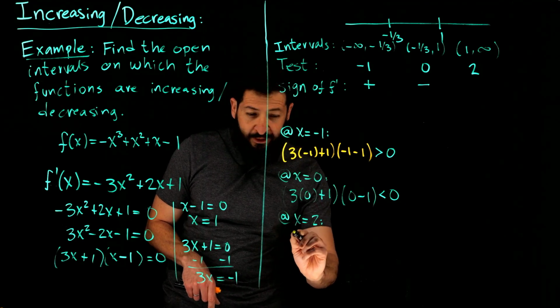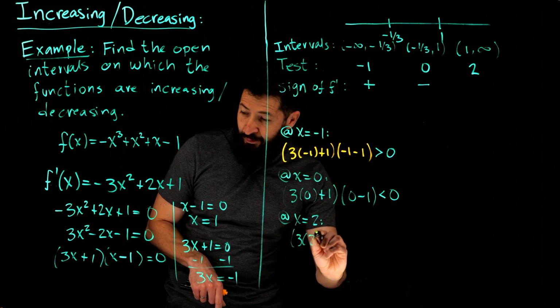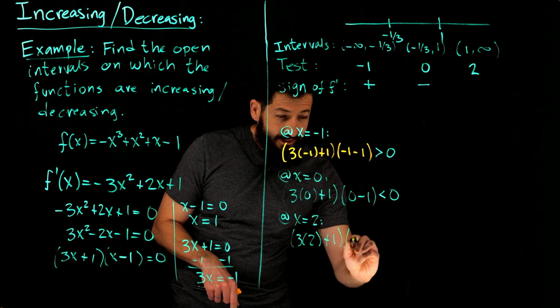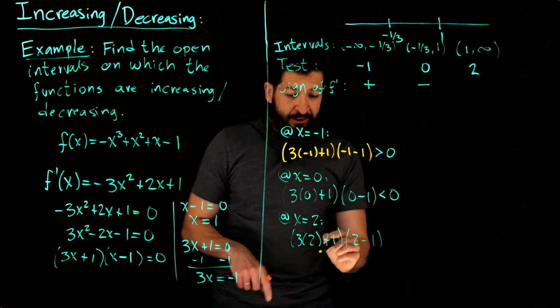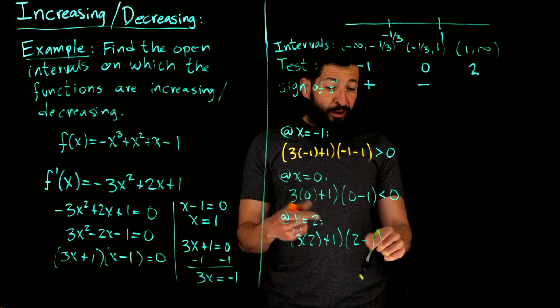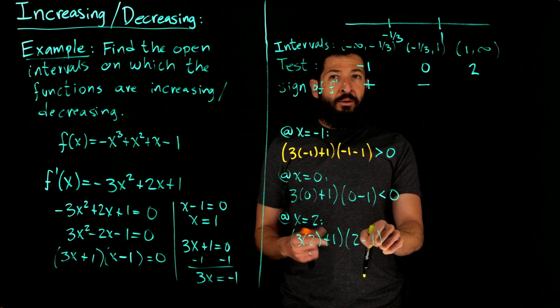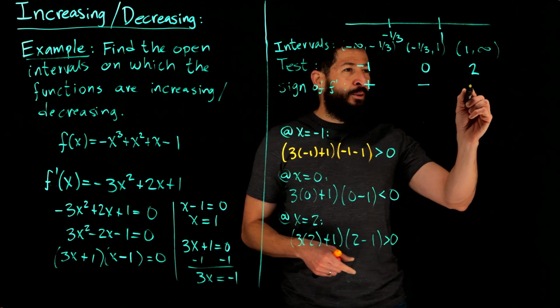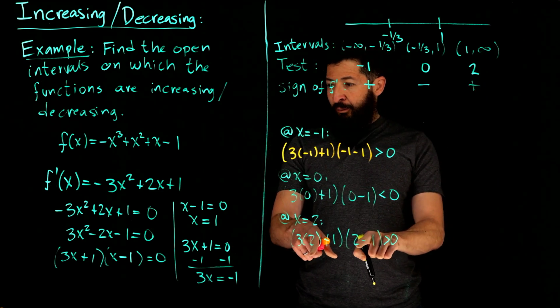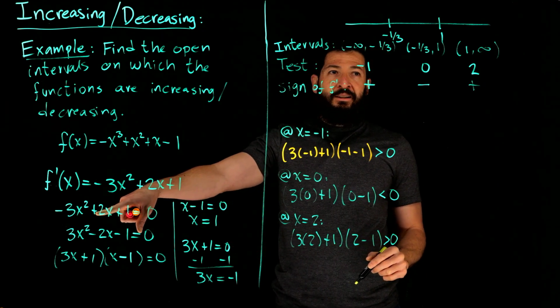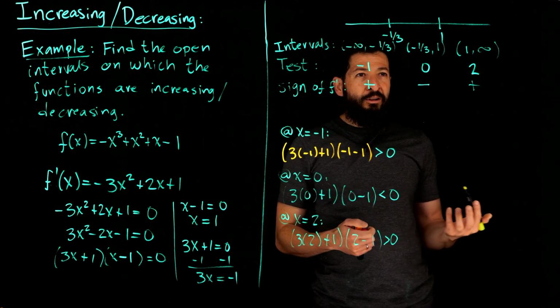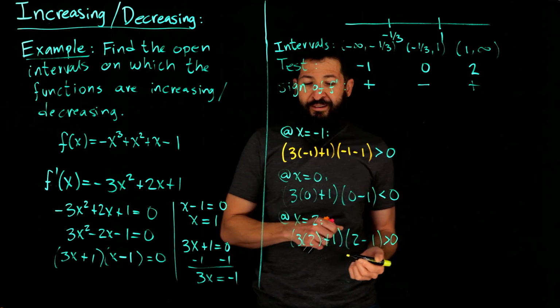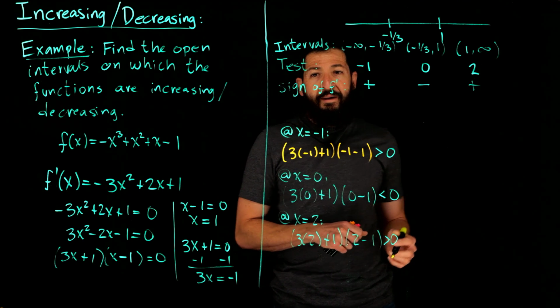At x equals 2, I'm going to have 3 times 2 plus 1 times 2 minus 1. This is going to be 6 plus 1, 7, positive. 2 minus 1, 1, positive. Positive times positive, positive. So you see, when you evaluate it here, the numbers are smaller than if you were to plug it here. Then it becomes a lot more difficult. It's a lot easier once you have factored it to plug it into the factored expression.